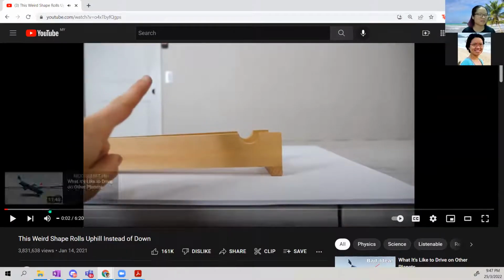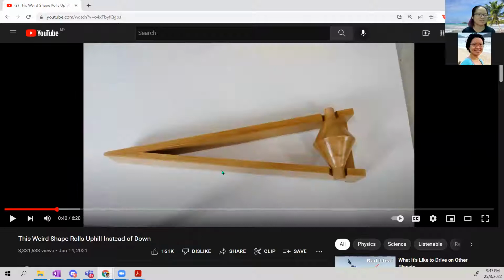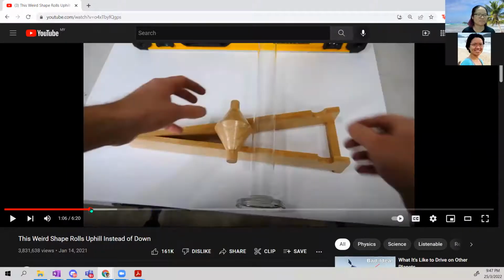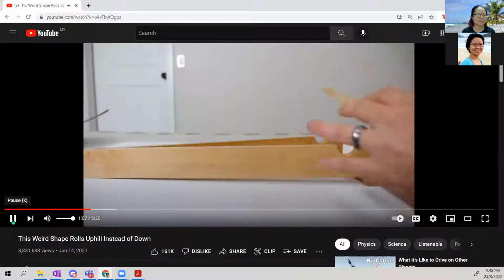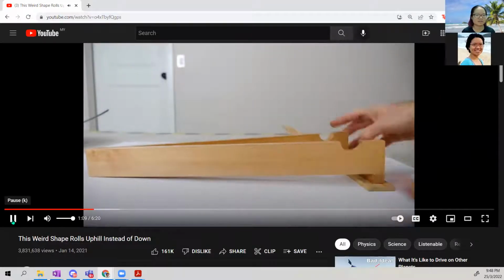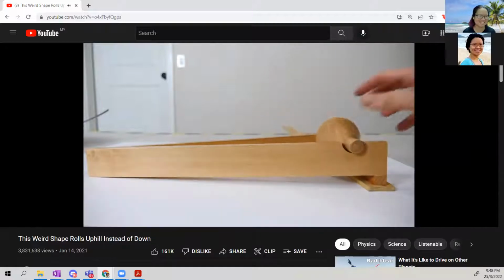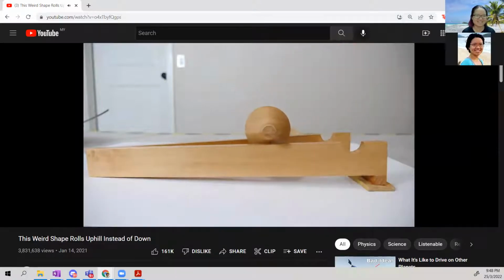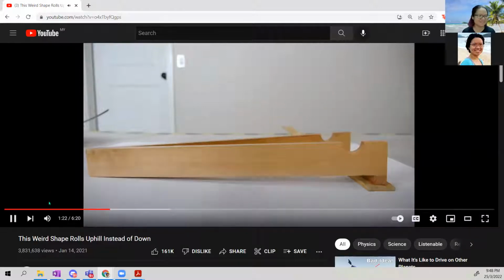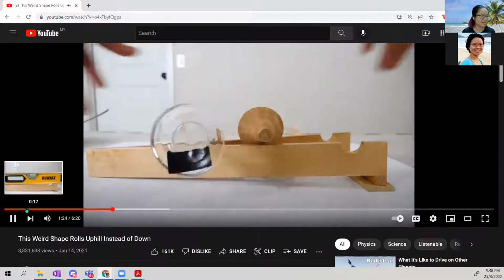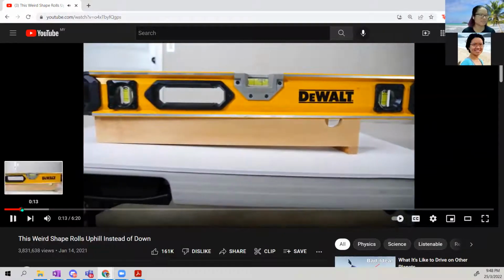This is quite an interesting experiment, but it's basically an inclined plane with an object there. And I want you to see that this thing will slide upwards. There we go. This is a spirit level.